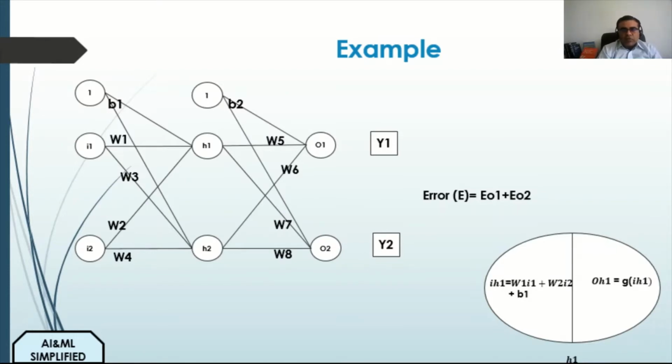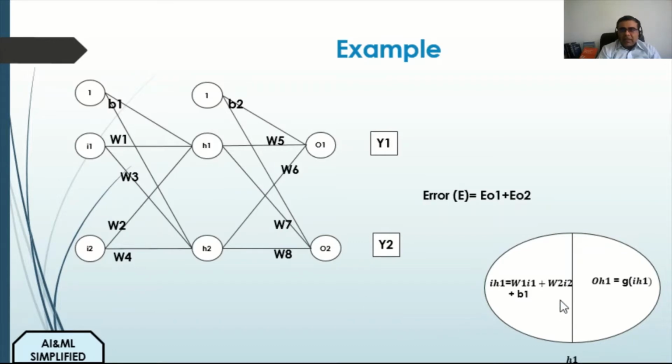And if we zoom in a little bit more, a hidden node has two operations. First, it is getting the input values from the previous node, so it is getting W1 I1 and W2 I2, plus it has the bias term, so I am calling it IH1, that is the input coming to the hidden node.